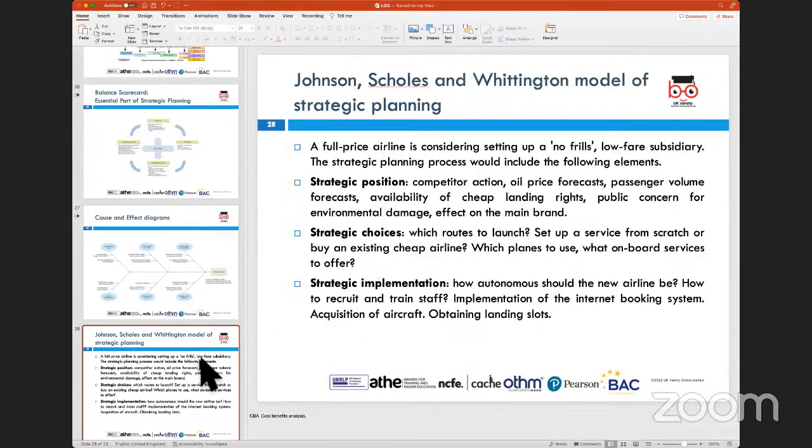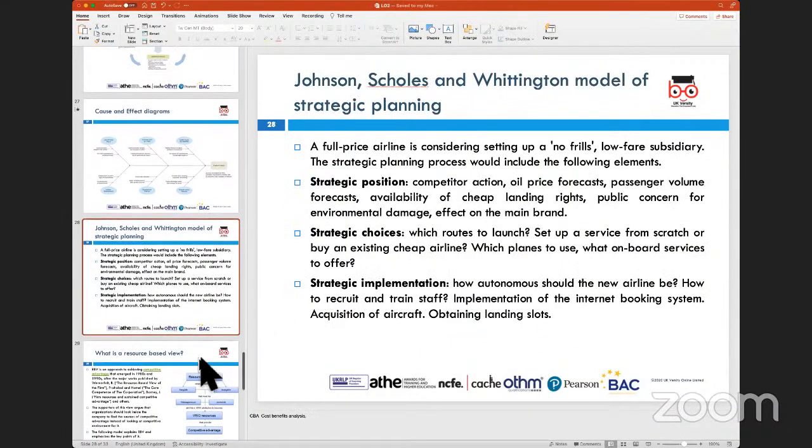Now, when we talk about the strategic planning side of things, there are lots of options which the company needs to consider. Options are the key essence of this particular assessment criteria. How do you evaluate the strategic options the organization has? In this case, I would like to take the example of EasyJet or Ryanair, which came into the market by introducing what is called a no-frills product, low fares, in the airline industry.